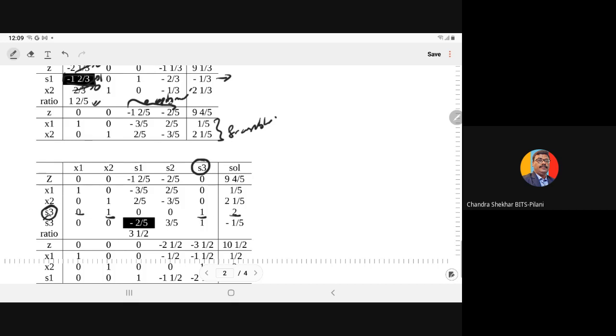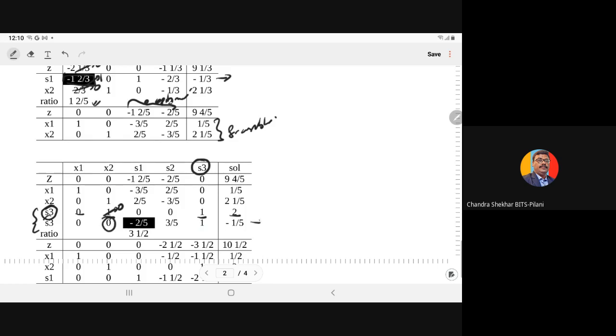But since x2 is a basic variable, we have to make its coefficient 0. So by the proper row operation, we get the next line, and we have made x2's entry 0.